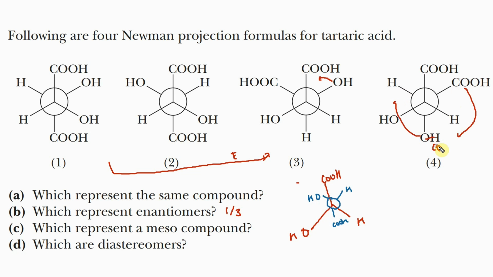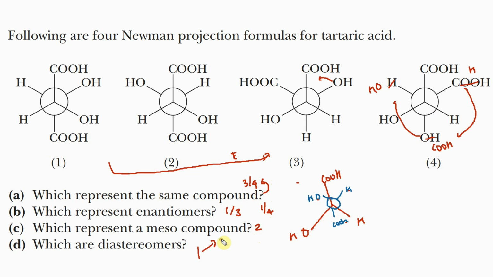So I'll write it here: COOH, OH, H, OH, H, COOH. So this is the mirror image. So 1 and 3 are enantiomers, 1 and 4 are enantiomers, 3 and 4 are the same compound, and 2 represents meso.